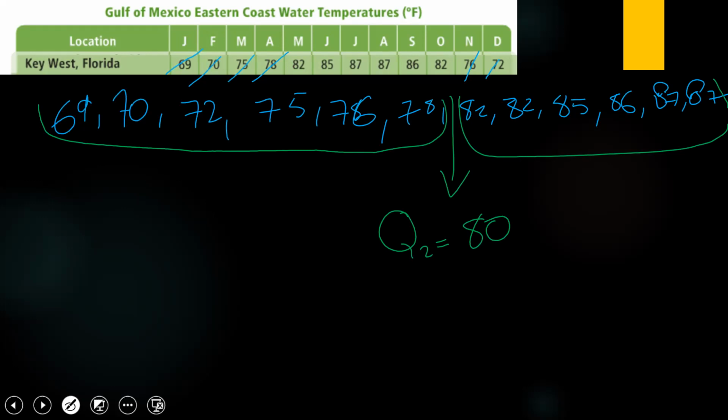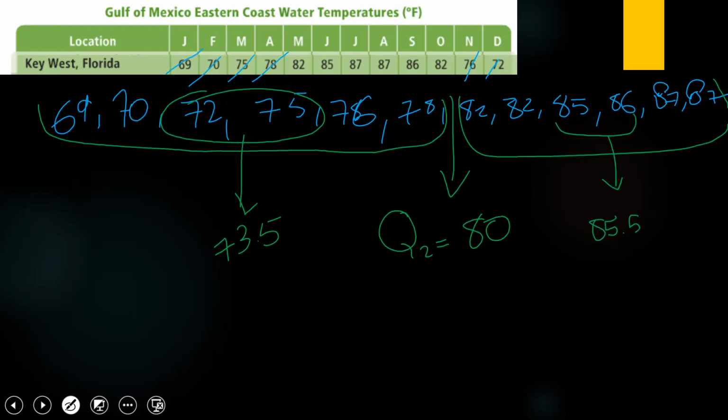Now look at the first half. I want to find its median. It comes between these 2 numbers here, which is 72 plus 75, that means 147 over 2, so 73.5. And here it comes between these 2 numbers, so it will be 85.5.